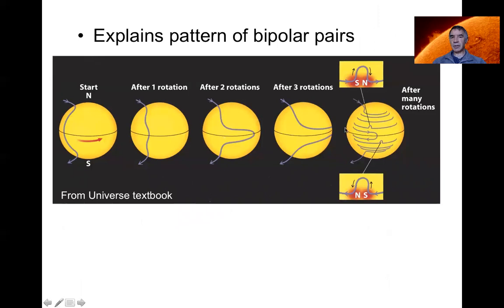And you can see, because of the direction of the magnetic field, it's going this way in the upper hemisphere and the opposite direction in the lower hemisphere. And so that explains this pattern of bipolarity that we see in the actual real sunspots. So here you've got the north leading the south in this hemisphere, and you've got the south leading the north in the other hemisphere. So that explains the kind of phenomenology that we see.